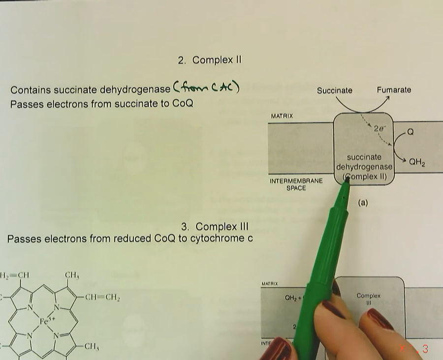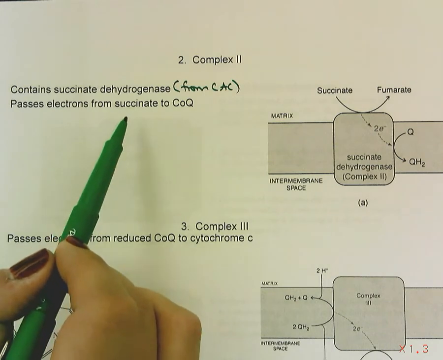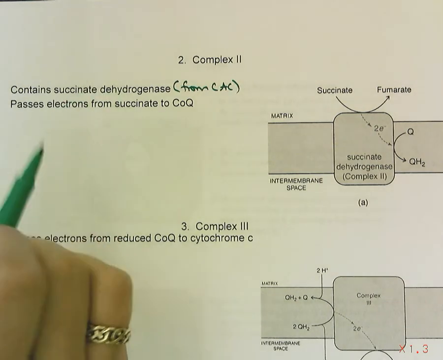So succinate dehydrogenase, which is our 6th step of the citric acid cycle, is actually embedded in the inner membrane of the mitochondria and passes electrons from the reduction of succinate to CoQ.